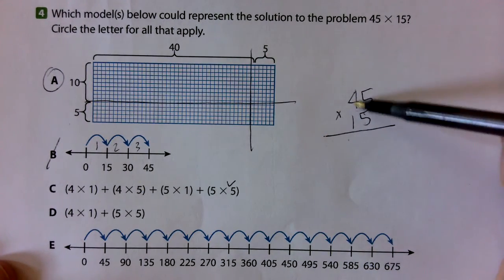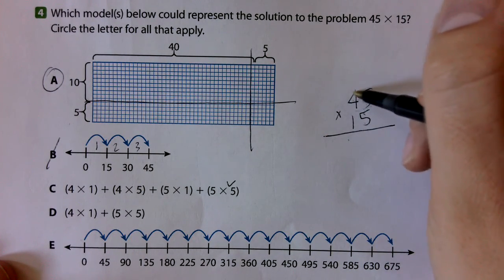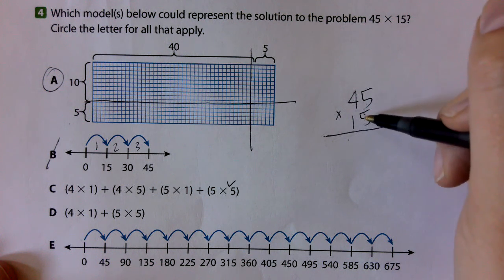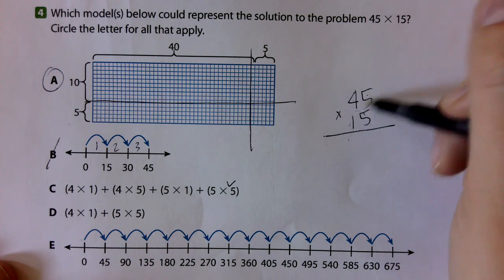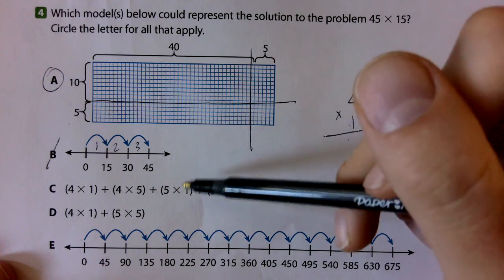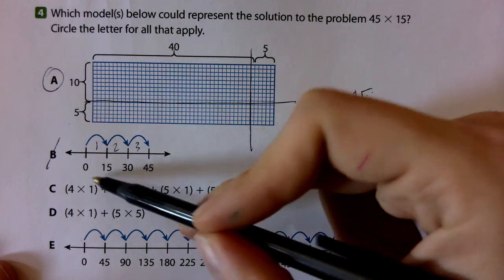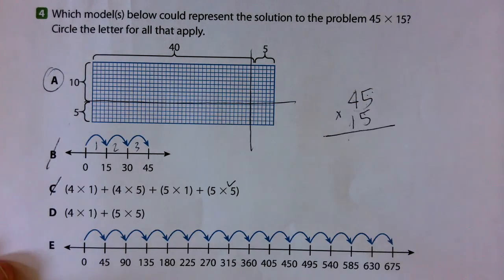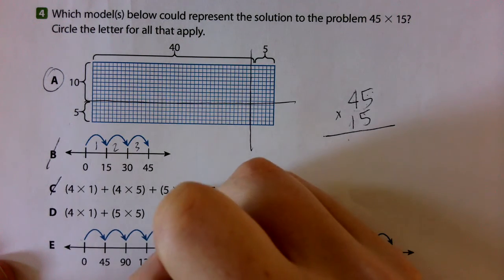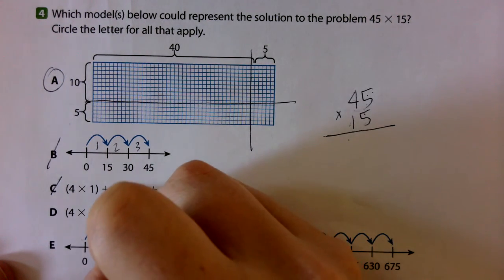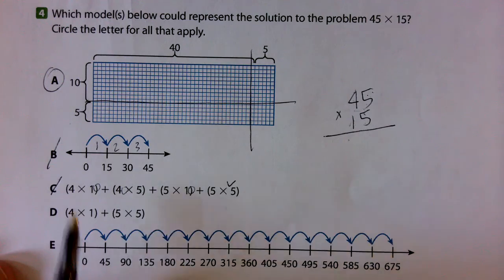It's 5 times 40. Remember, it's the value of that digit. And then 1 times 5, but I'm doing 10 times 5. Nope. And then 10 times 40. Nope. So that's not right. I got that one correct, but I still needed to make sure that I'm having those tens. So that one's incorrect.